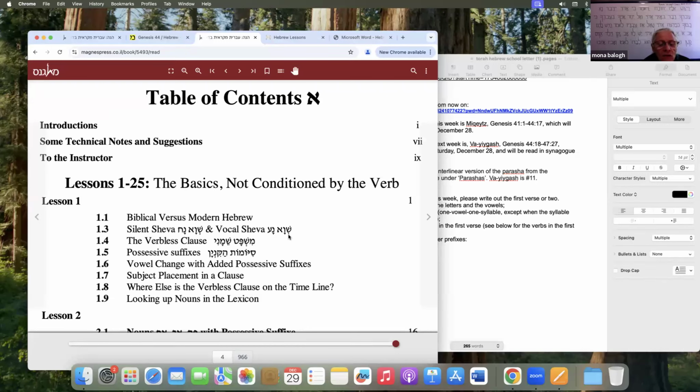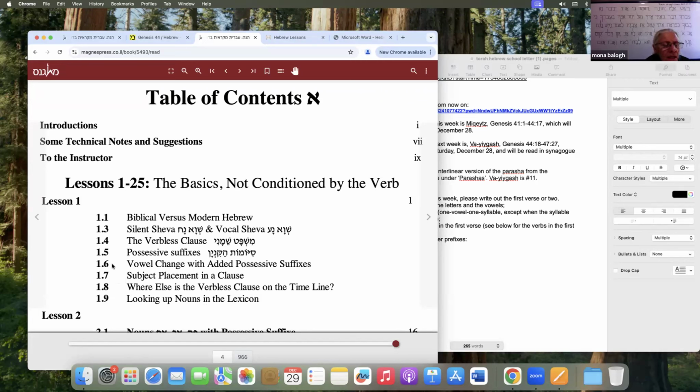Okay, then you've got the verbless clause, possessive suffixes, vowel change with added possessive suffixes. Again, the vowel changes are not important. You need to know how to do it, but it has no bearing on the meaning of the words. Subject placement in a clause, where else is a verbless clause on the timeline, and looking up nouns in the lexicon. So that's lesson 1. We'll be doing that next week.